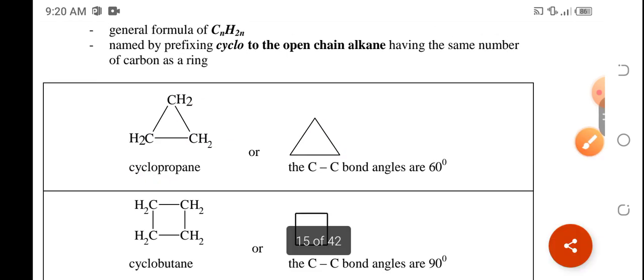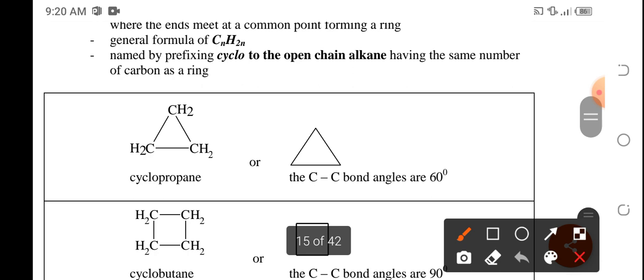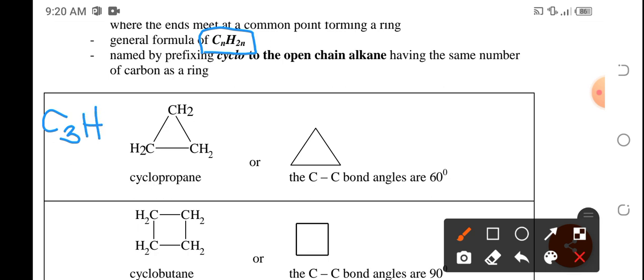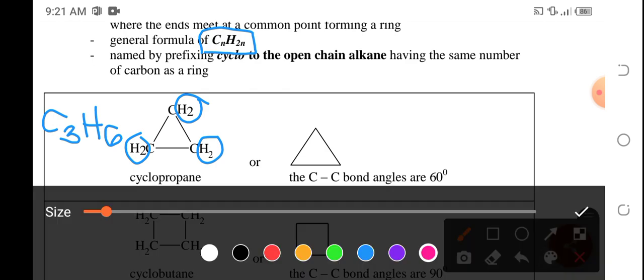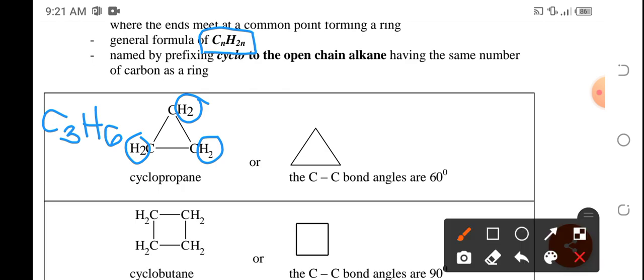So, if cyclopropane has three carbon atoms, it should follow the general formula CnH2n. If that is 3 carbon atoms, the hydrogen should be 6. Paanong naging 6? Ito yung 6 hydrogens niya. Okay? Bakit dalawang hydrogen per carbon atom? You could see, each carbon atom is bonded to two other carbon atoms.